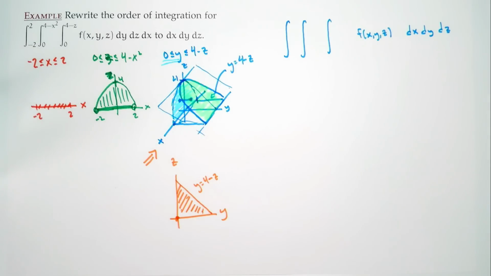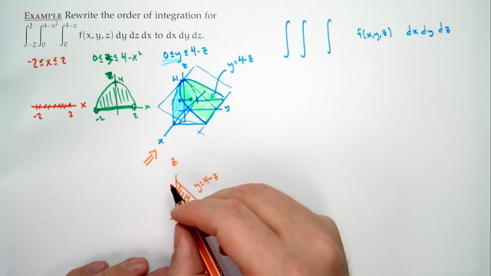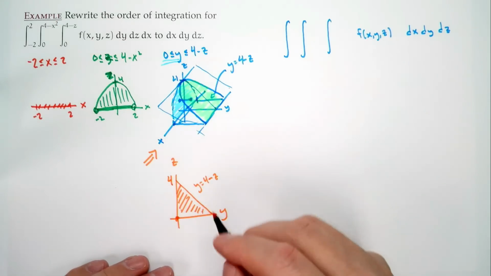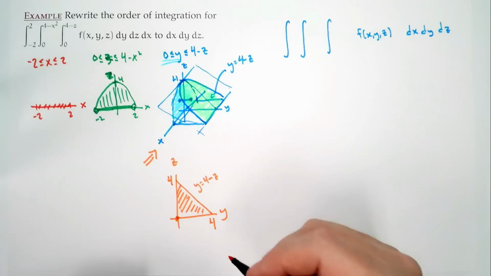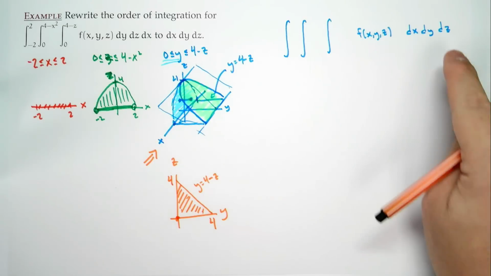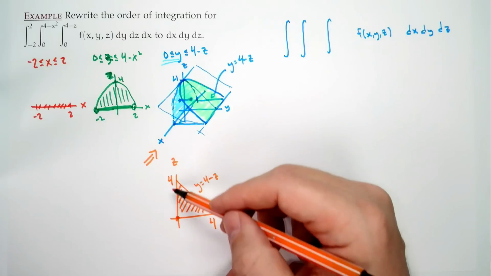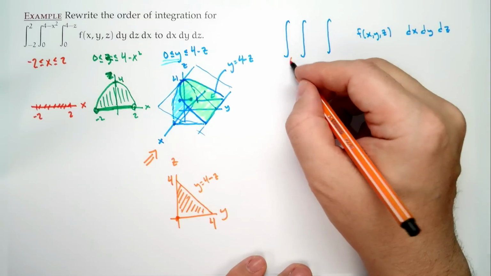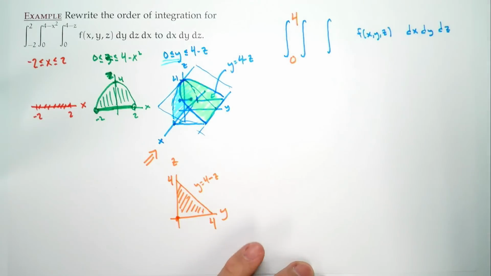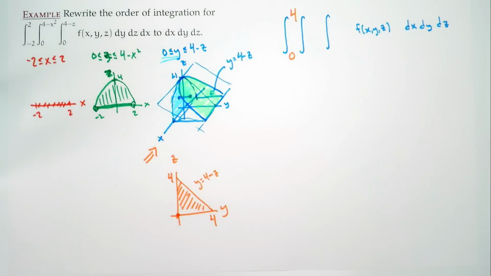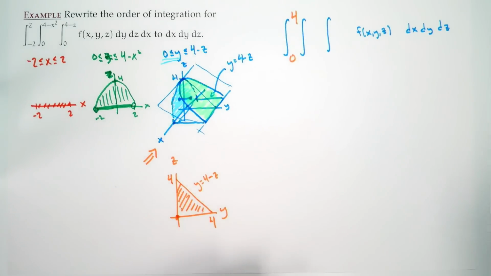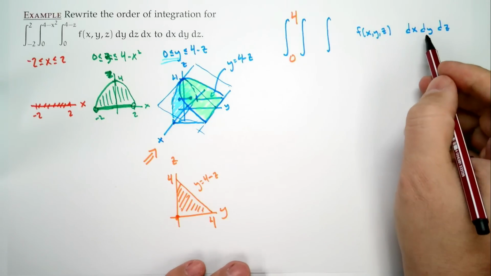Now we're ready to start figuring out our bounds. Where are the intercepts? Well, we start up here at 4, and we also intercept down here at 4. So where does z go between? Well, it goes from 0 to 4. That wasn't so bad. Now let's go to our next layer. In our next layer, we say, okay, where does y go from?